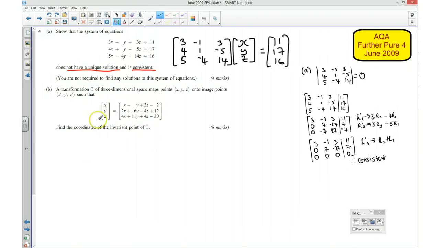So I can rewrite this, and instead of saying the image of x, I'm just going to say x. Instead of saying the image of y or the image of z, I'm just going to call that x, y, and z. And I want to carry out this transformation here.